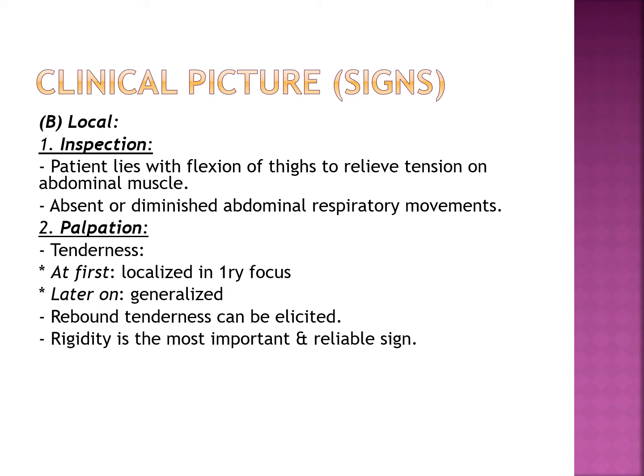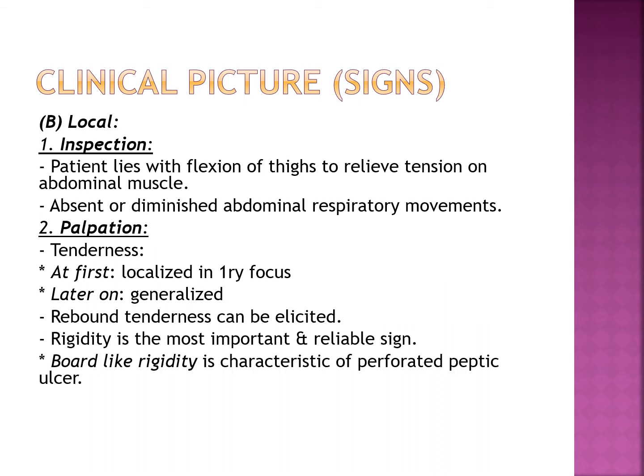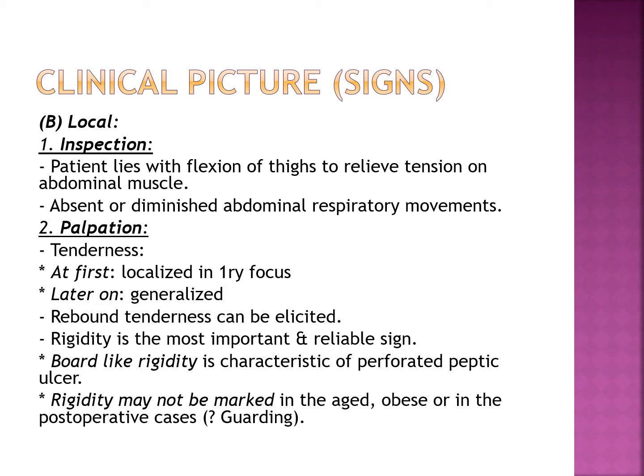Rigidity is a reliable sign that is seen in acute peritonitis. The patient tries to protect himself from the pain elicited by examination by doing what is known as guarding, but this is voluntary and is not the case in acute peritonitis. Board-like rigidity is also characteristic of perforated peptic ulcer. The abdomen becomes very hard, with the abdominal muscles very contracted like a woody board. Rigidity may be masked in aged patients, in obese patients, or in post-operative cases.